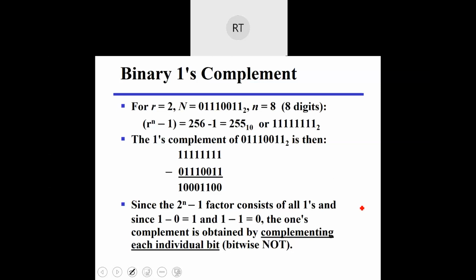What is the biggest number that you can write in 8 bits? It is the case where you actually have all of them 1: 1, 1, 1, 1, 1, 1, 1, 1. So this value is 255 in decimal. So the biggest number I could write in 8 bits is 255.